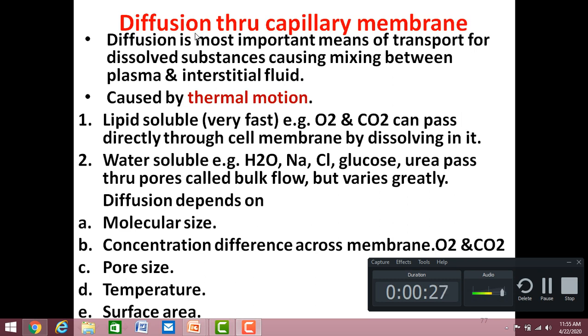This diffusion is mainly caused by the thermal motion of the water molecules, and there are two types of the diffusion process. One is for the substances which are lipid soluble, for example, oxygen molecules and the carbon dioxide molecules.